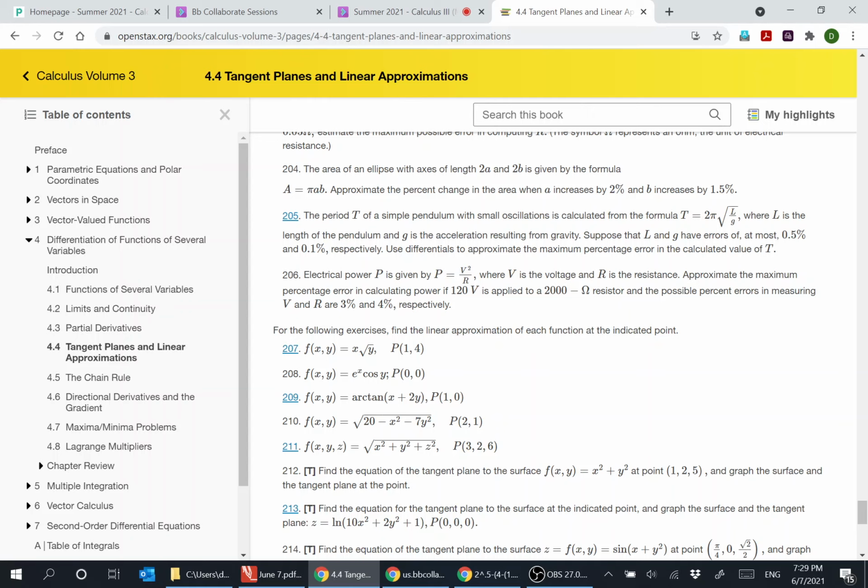There are different ways of presenting the tangent plane, and these are all just variations on that. If you calculate the tangent plane, then the linearization L(x,y) is just the tangent plane solved for z. So z is equal to this function for the tangent plane. So it's just finding the tangent plane again.